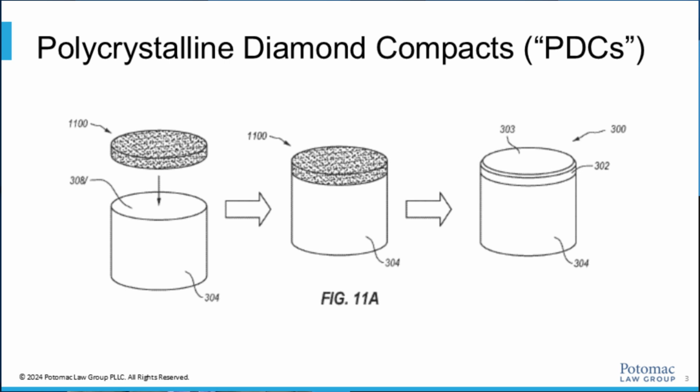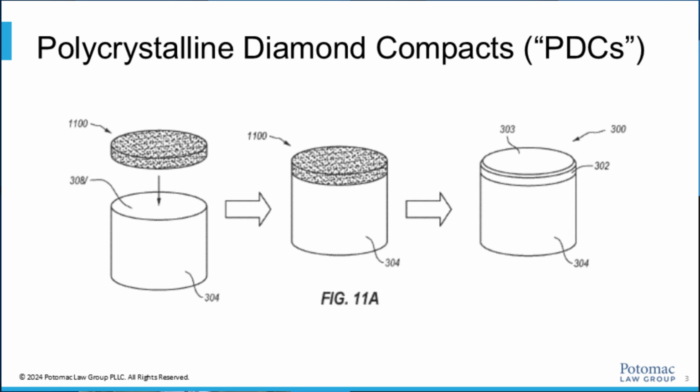And these PDCs have found particular utility as super abrasive cutting elements in rotary drill bits. And the PDC cutting element typically includes a super abrasive diamond layer, the so-called polycrystalline diamond table, bonded to a substrate. And that's the larger cylindrical bit, and the PCD table is the smaller part at the top.